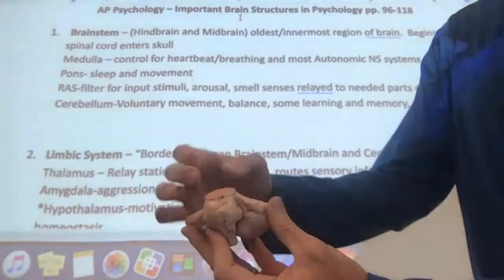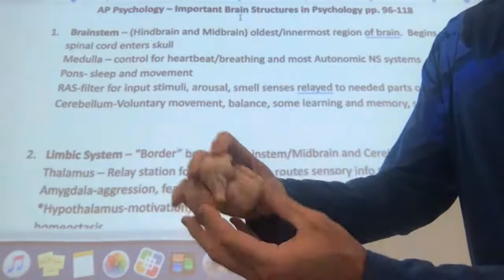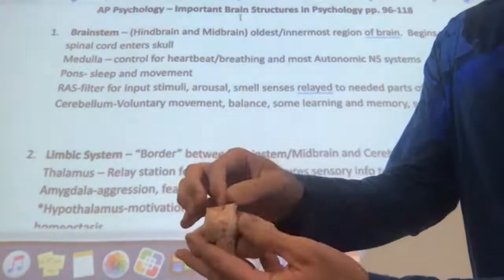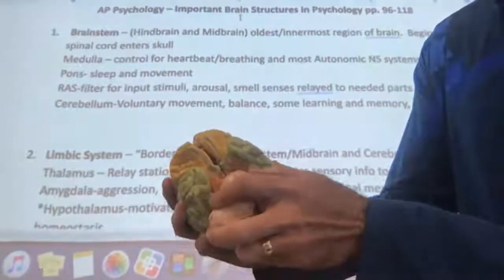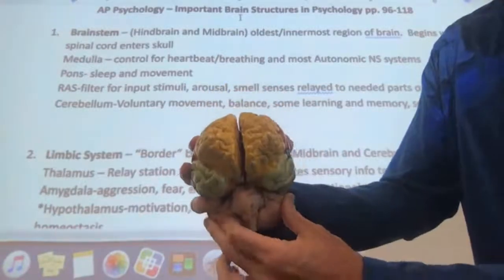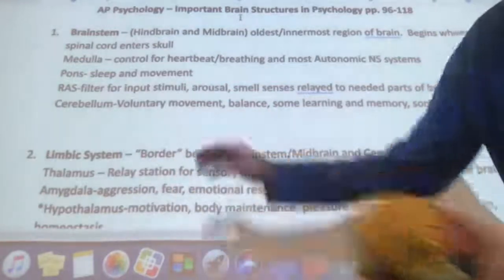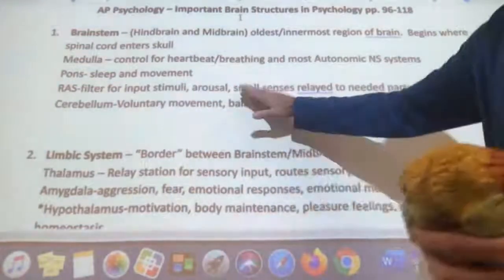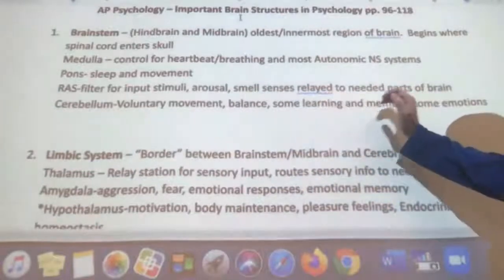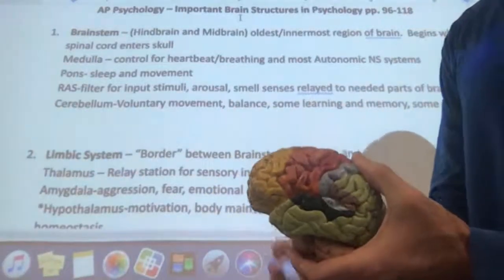It is basically the gateway for sensory input and information that's coming up the spinal cord to enter the brain. If the reticular formation doesn't deem that it's important enough, strong enough as a stimulus, then it won't send it on into the brain. It deals with arousal, our sense of smell, and it relays anything that's powerful enough of a stimulus to go into the brain.